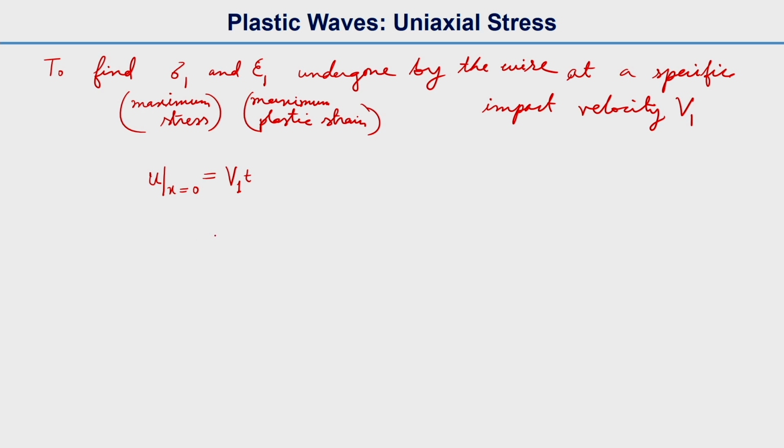So we need to consider here the force increase. Suppose we have the wire, we take a small element here. So we know that there will be a force increase, which we will write as dA sigma naught.